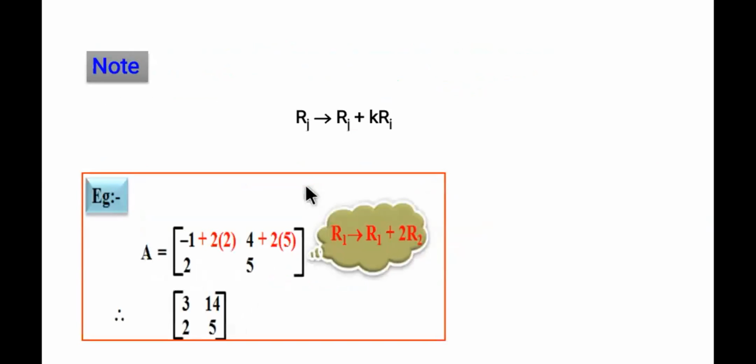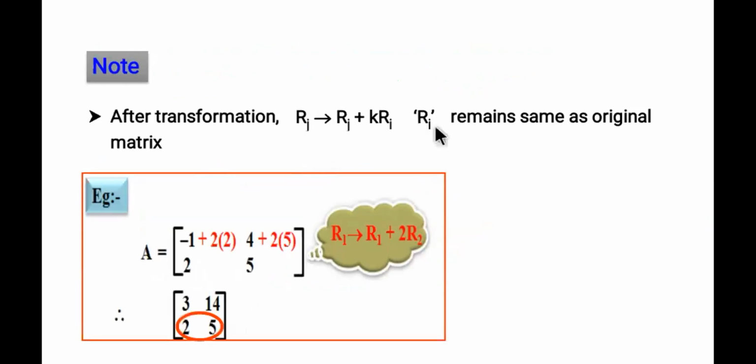Here if you see, Rj changes to Rj plus k times Ri. Okay, this is what we have done. So after this particular transformation, your Ri remains the same, because as I have said, Rj we are changing it, Ri will remain the same.